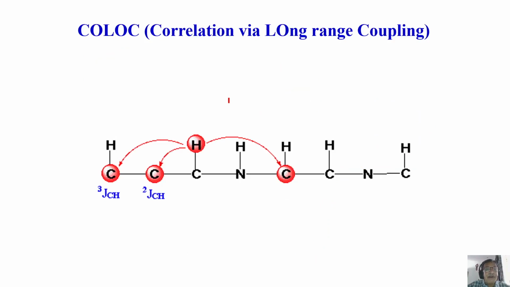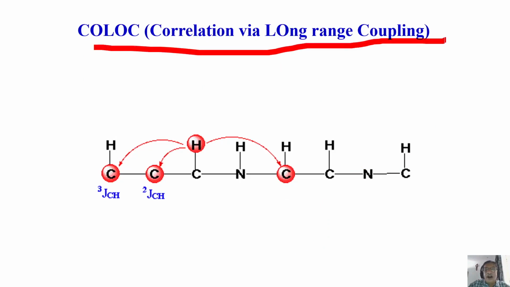There is another experiment called the COLOC experiment, similar to heteronuclear correlation, where it is a correlation via long-range coupling between proton and carbon. For example, in the previous experiment, what did you observe? There was a correlation of carbon to the directly attached proton. That is HETCOR.